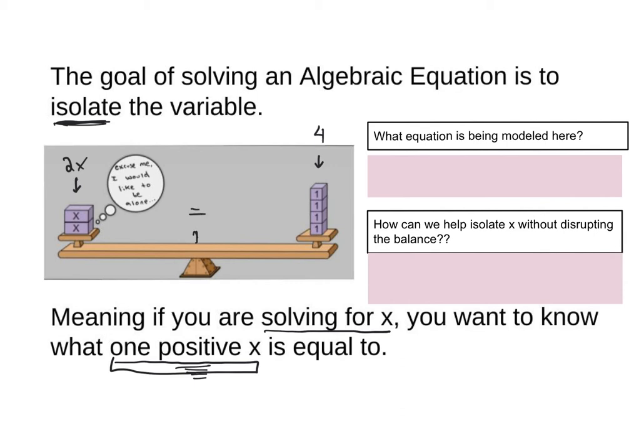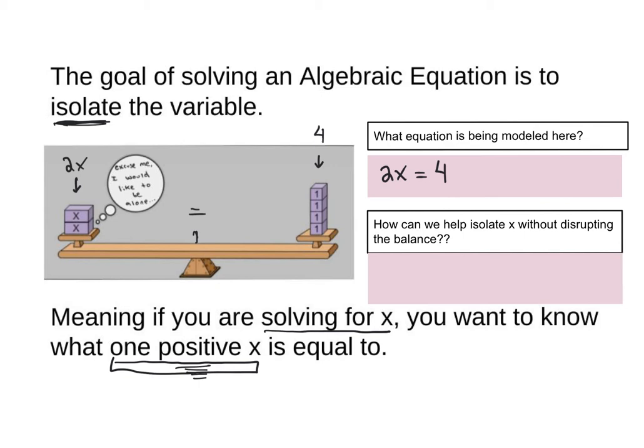So if the middle of that scale is the equal sign, then we're saying one side of our scale is equal to the other. So this is 2x equals 4. And again, our goal here is to balance the scale in a way where x is all by itself, but we don't disrupt the balance.